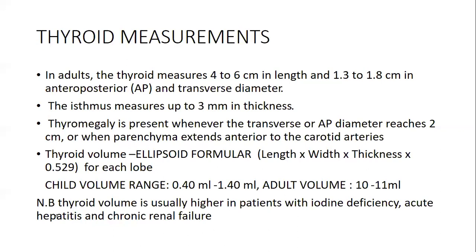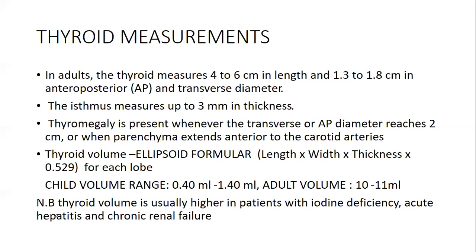The isthmus measures up to 3 millimeters in thickness. Thyromegaly is present whenever the transverse or AP diameter reaches beyond 2 centimeters, or when the parenchyma of the thyroid extends anterior to the carotid arteries.